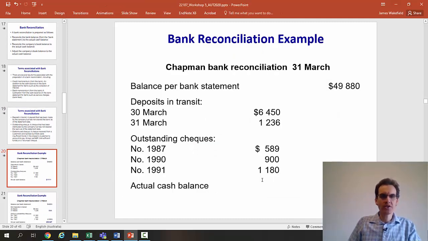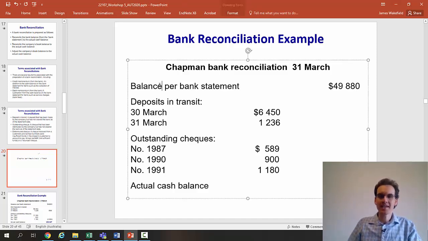Okay, so if we move on to the next slide, and we look at the bank reconciliation. What we want to do here is reconcile the bank balance, that is the balance on your bank statement, or that's showing in your online banking account record, so the final account balance, say here at 31 March, with the actual cash that's showing in your business's records.